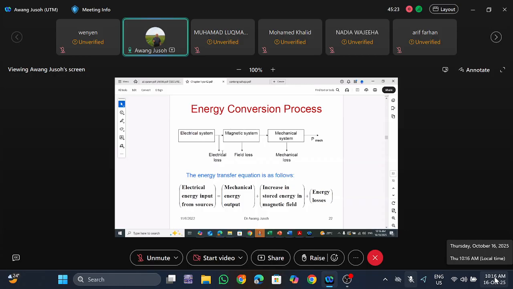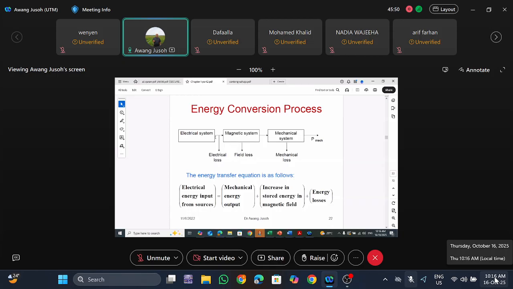You got electrical loss, then the energy stored in the magnetic system, you got field loss or magnetic loss, and this is used to drive the mechanical system. Then we got the net mechanical output, and you got losses also in the mechanical system. This is the flow of energy.